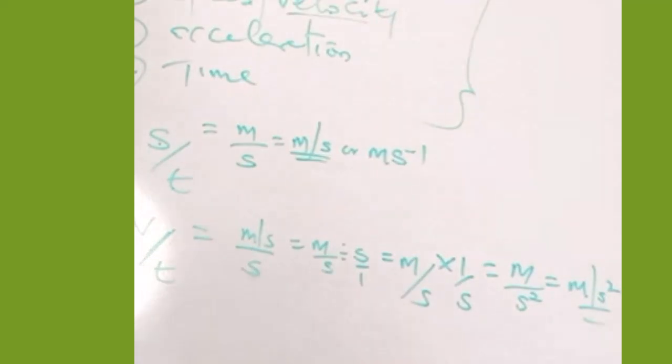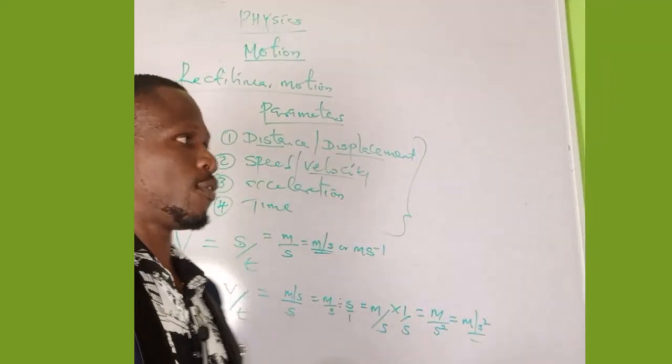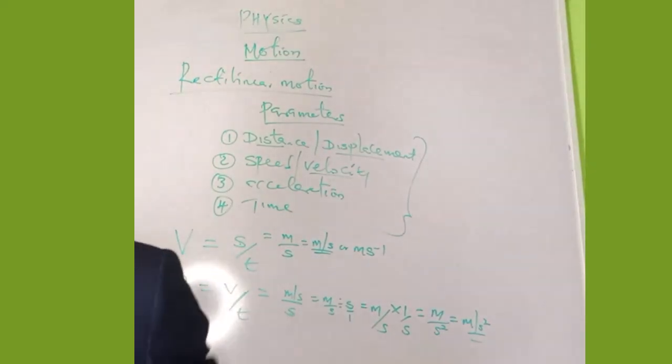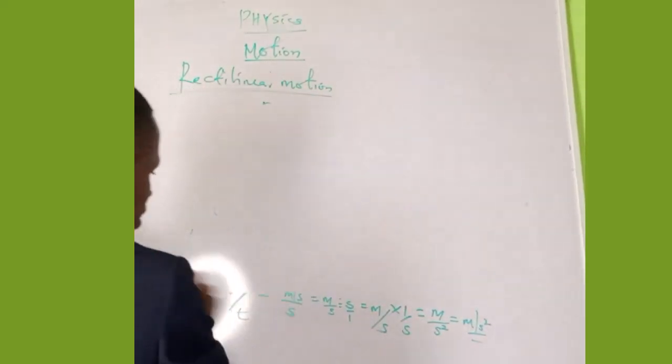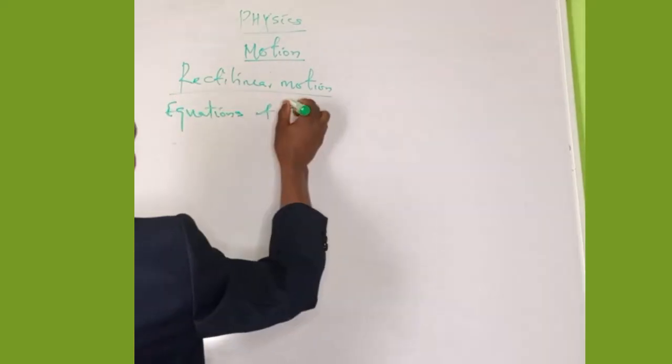That becomes the unit of measuring acceleration. So in this class, we'll be looking at equations of rectilinear motion and calculations in rectilinear motion. For example, equations of linear motion.